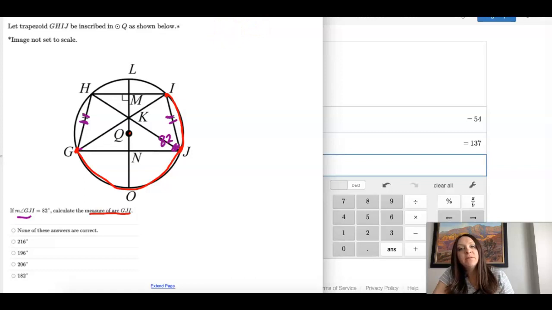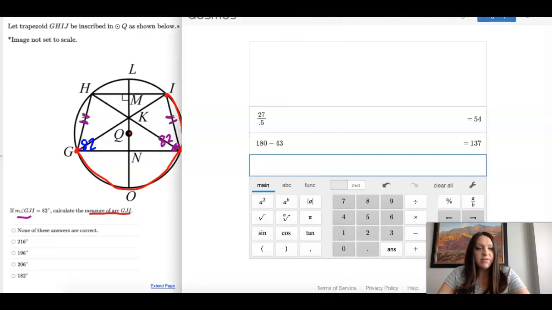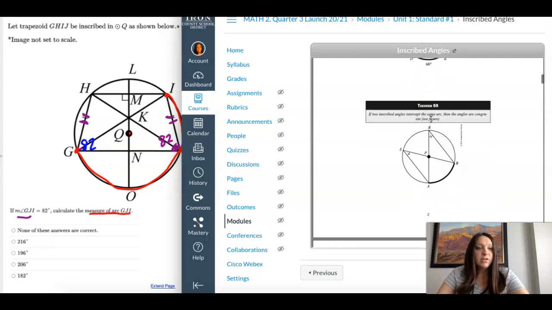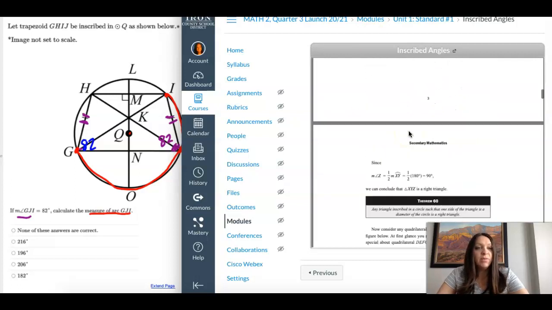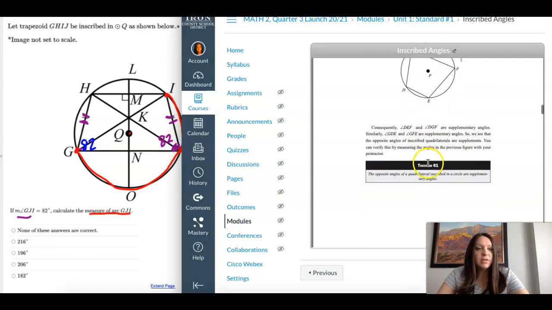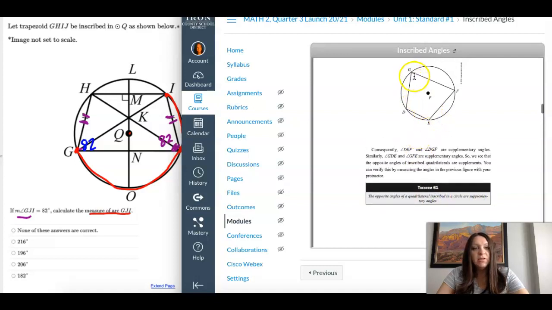All right, so let's see what we're looking at here. Because this is isosceles, this angle would also be 82. And in our last section, from 1.3, we talked about quadrilaterals. The opposite angles are supplementary, so that means the opposite angles of a quadrilateral add to 180.